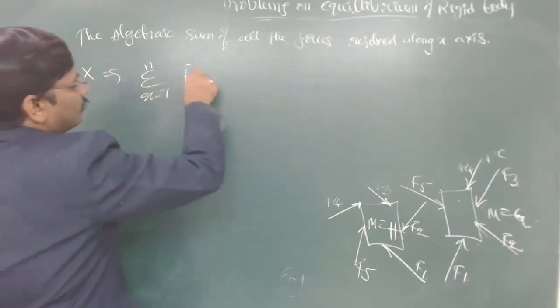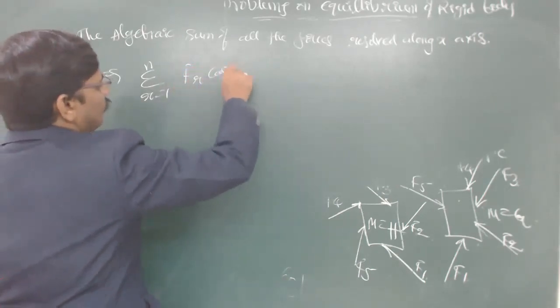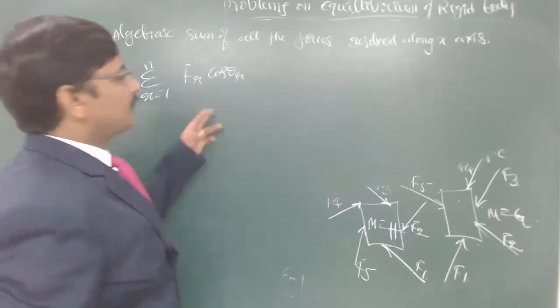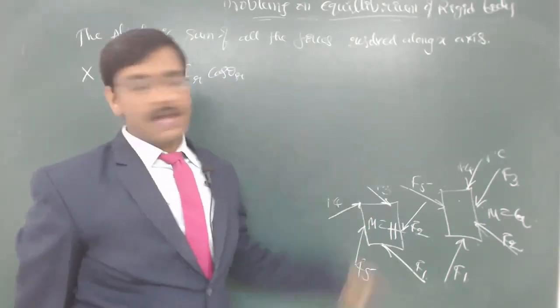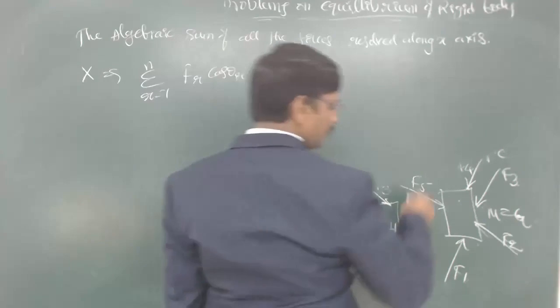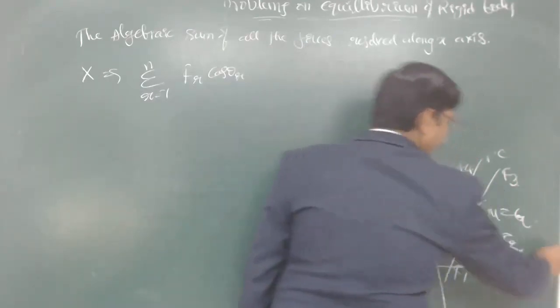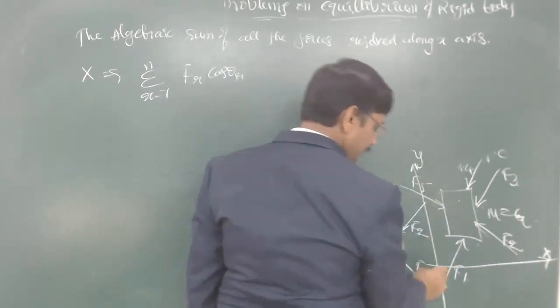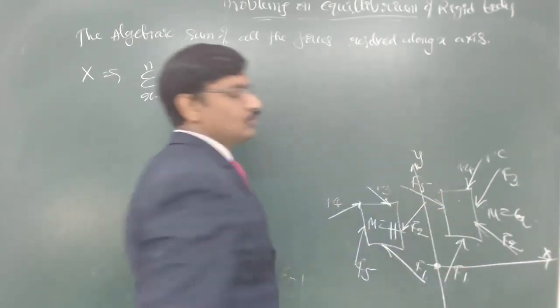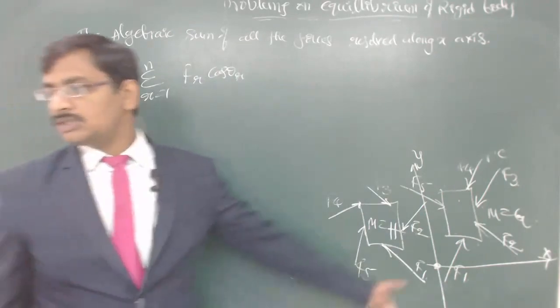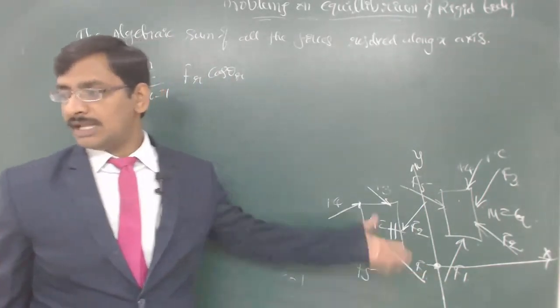So Fr cos theta r, where theta r is the angle. Now if you randomly choose, so this is the x-axis and this is the y-axis and this is the origin. So this is a randomly chosen point, right? There is no restriction on this point to select. You can select anywhere.